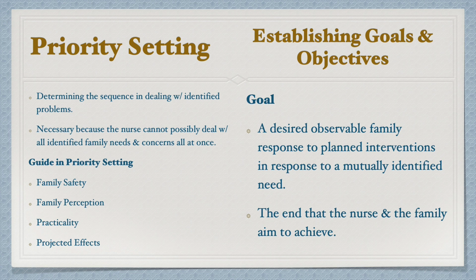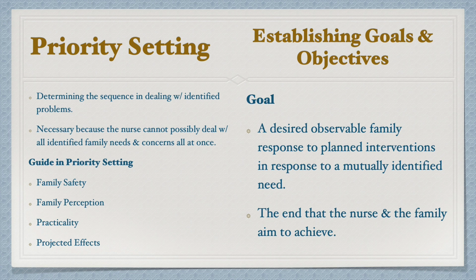Then, we continue with establishing goals and objectives. A goal is a desired, observable family response to planned interventions in response to a mutually identified need. It is the end that the nurse and the family aim to achieve.